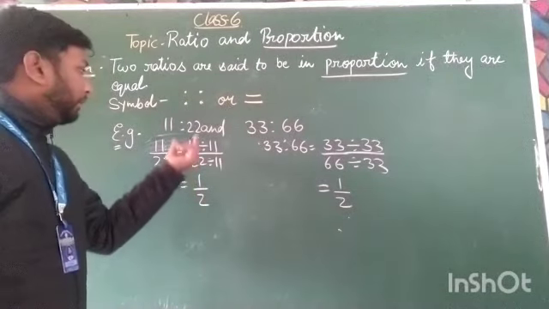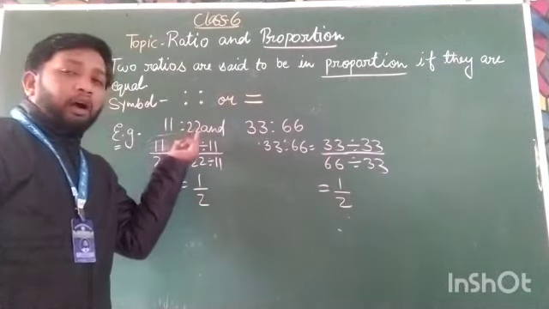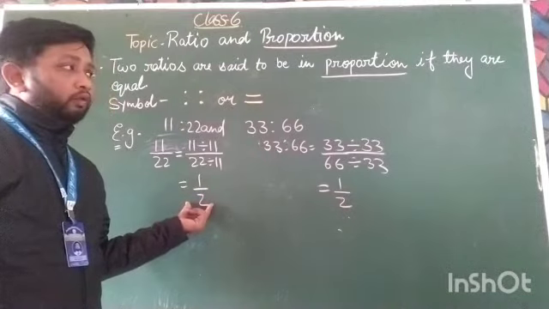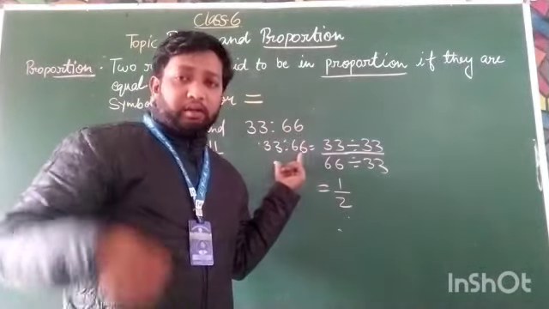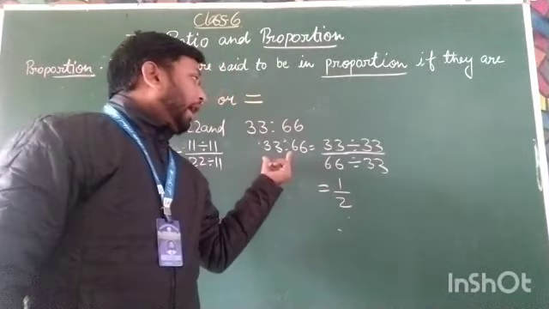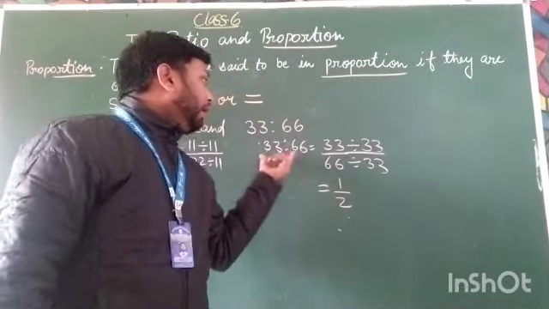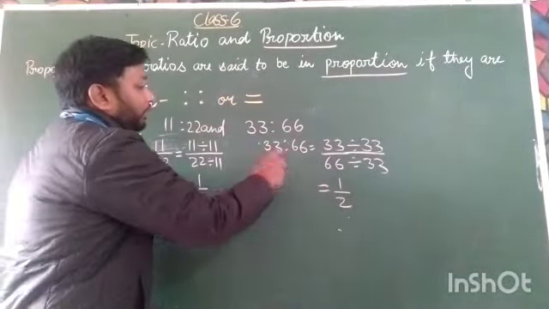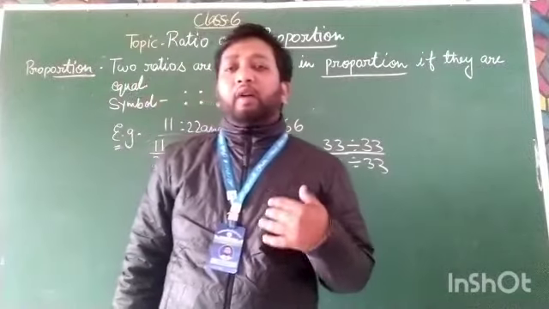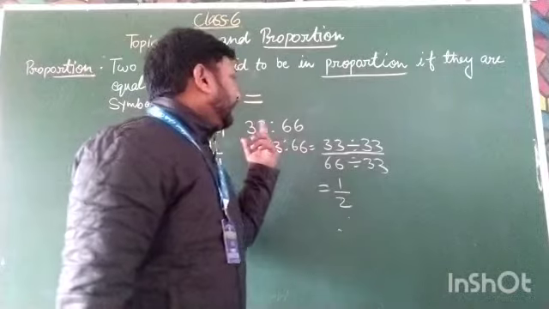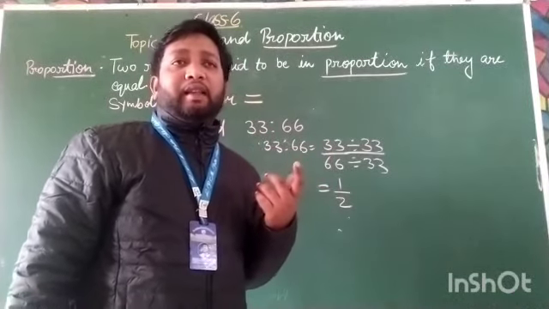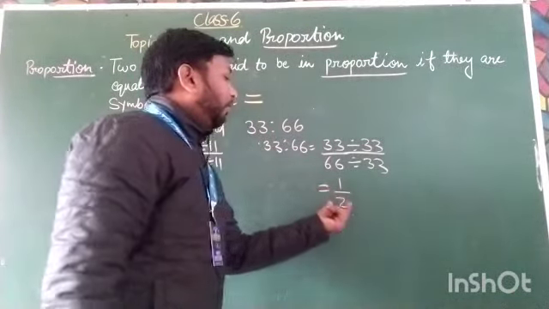So 11:22, after solving, we get 1:2, and 33:66, if we simplify it and write in simplest form, is nothing but 1:2. That means 33:66 is an equivalent ratio of 1:2.